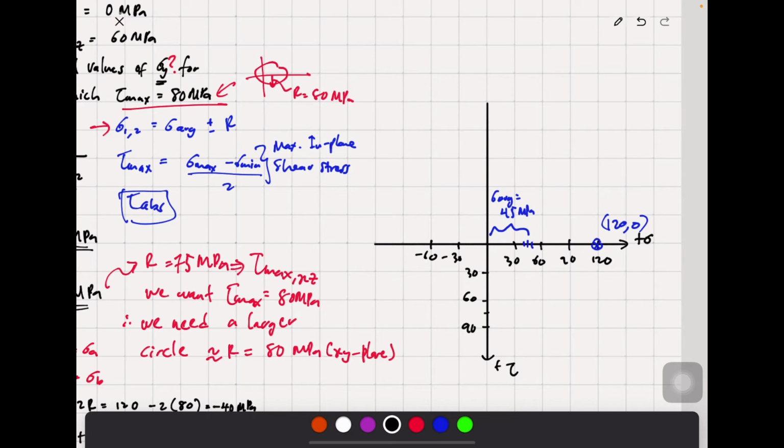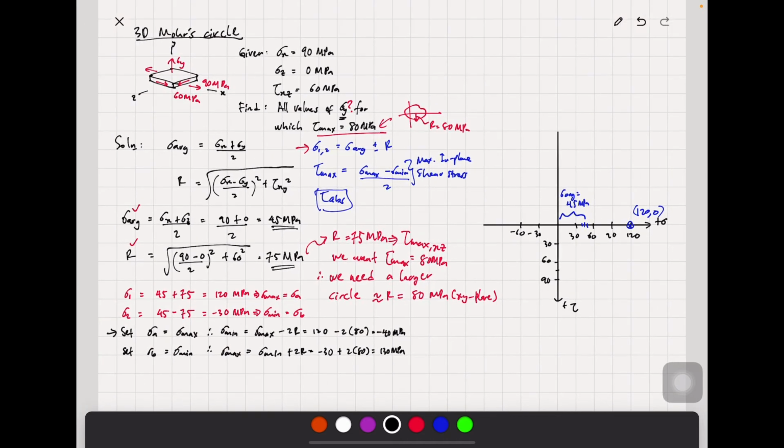So a few points that I'm going to take. First of all, to visualize what we have for the first instance over here, the value for sigma average, we got that as 45 megapascal, right?